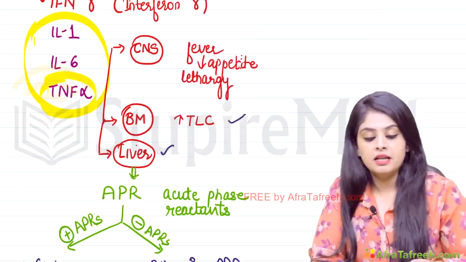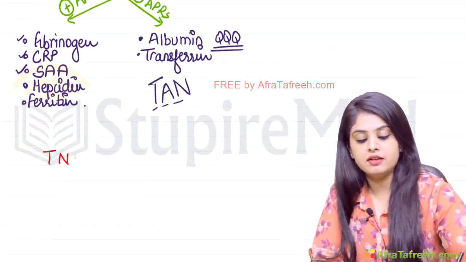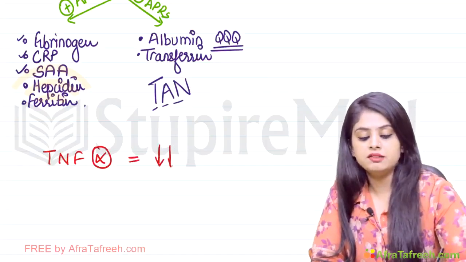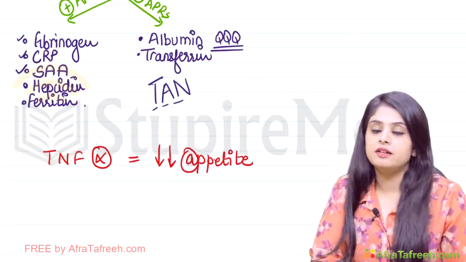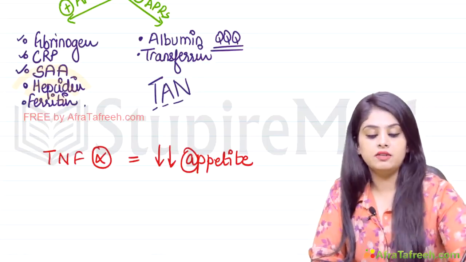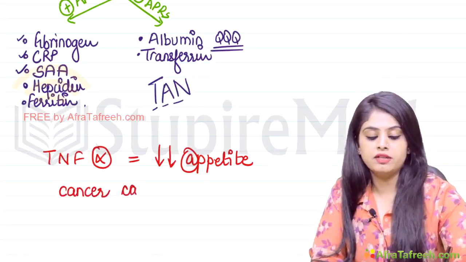Now out of these, we need to focus on one particular cytokine separately, that is TNF alpha. Why do we need to focus on this? Because TNF alpha, so A for alpha, is the main cytokine that is responsible for a decrease in the appetite. So A for alpha, A for appetite. Everyone has heard of cancer cachexia.